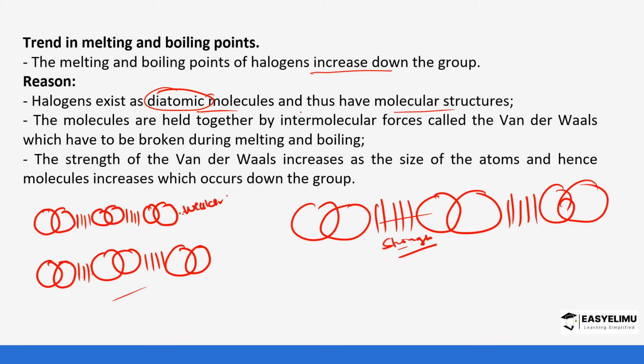So the melting point is increasing because we need more energy to break this strong van der Waals bond holding the big molecule that comes from the big atom. While in fluorine, for example, we require less energy to break these weak bonds between the small molecules which come from the small atoms.